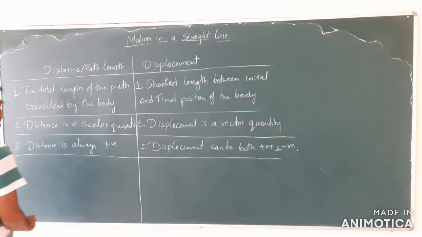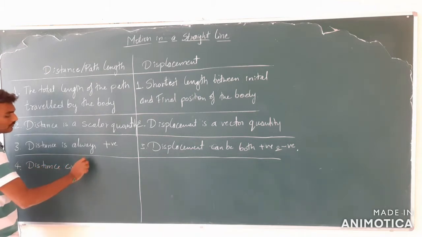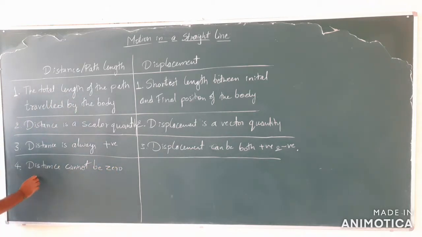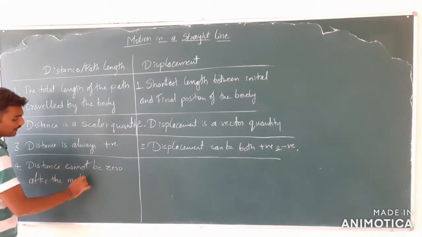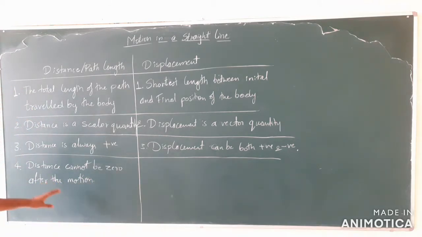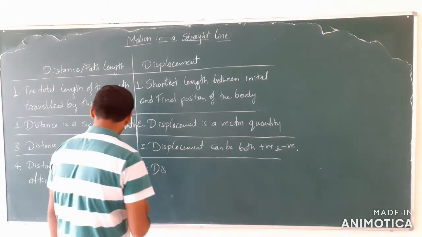And the fourth is distance cannot be zero after the motion. So once the motion has happened, distance cannot be zero. But displacement can be zero after the motion, right?